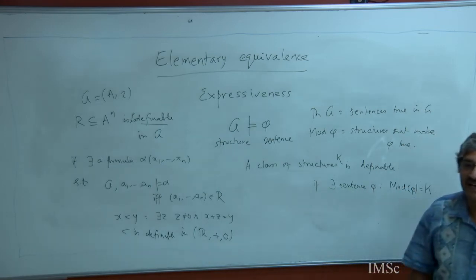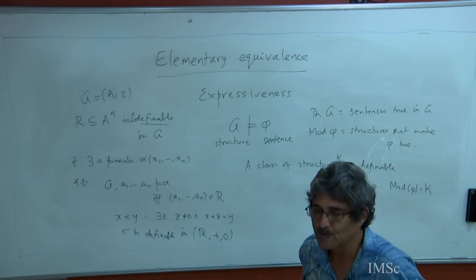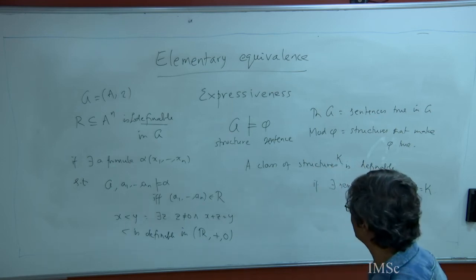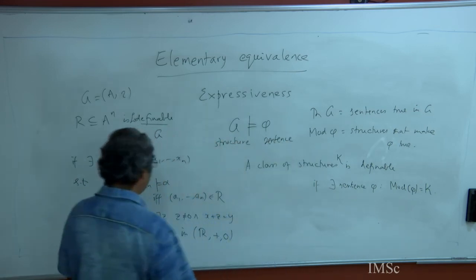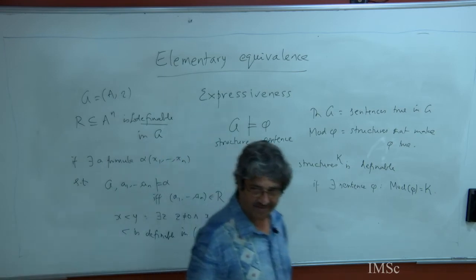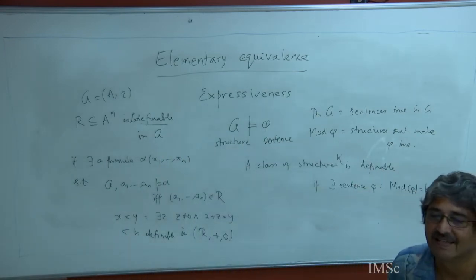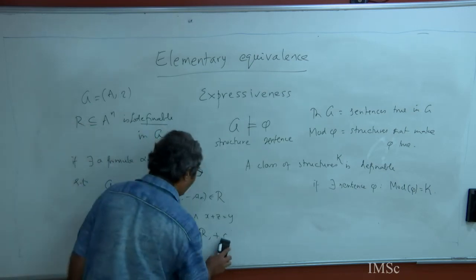Sorry to interrupt. Here you want Z to be positive. Oh yeah, that's true. You want natural numbers or something? Can you tell me what I should do? I want Z to be positive, right? Let me take the language of fields for now.